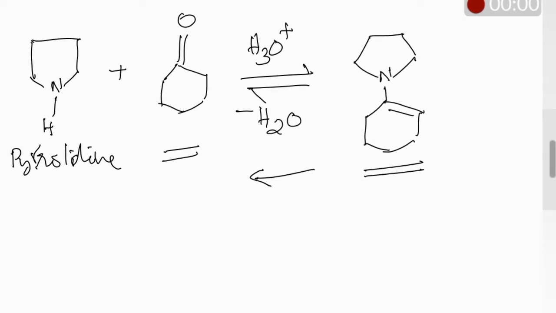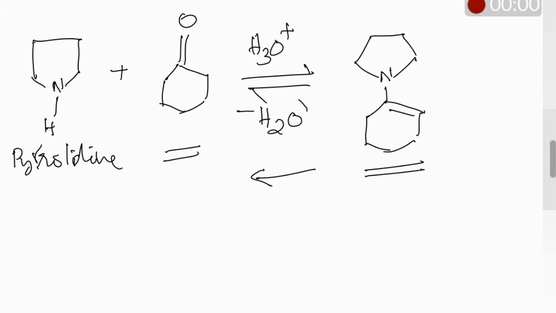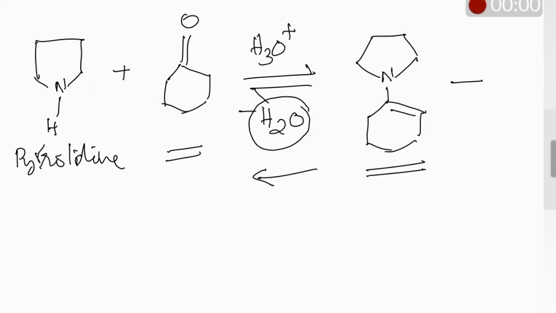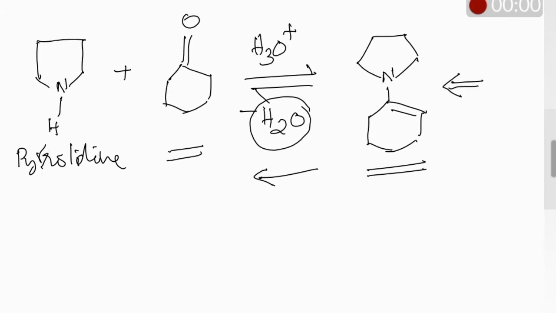What we used to do is, as per Le Chatelier's principle, if you want to increase the amount of the product, if you could remove one of the products, that will enhance the rate of forward reaction. So we have to try to dehydrate the product getting formed, which will give you more amount of products. So this is what we call enamines.